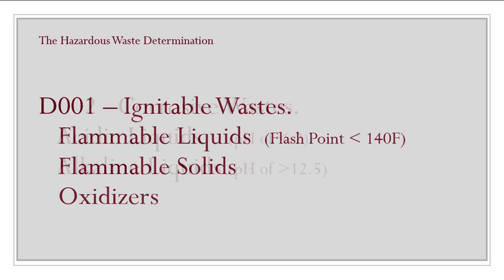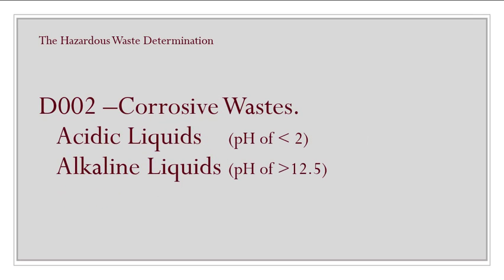D002 are for corrosive wastes. Now, the corrosive wastes are all based on pH. Acidic liquids, okay, with a pH of less than 2 are considered corrosive waste by EPA, and they get the D002 waste code. Alkaline liquids with a pH of greater than 12.5 are also corrosive liquids.